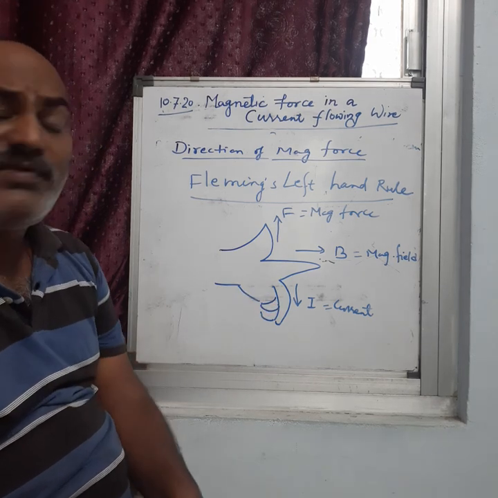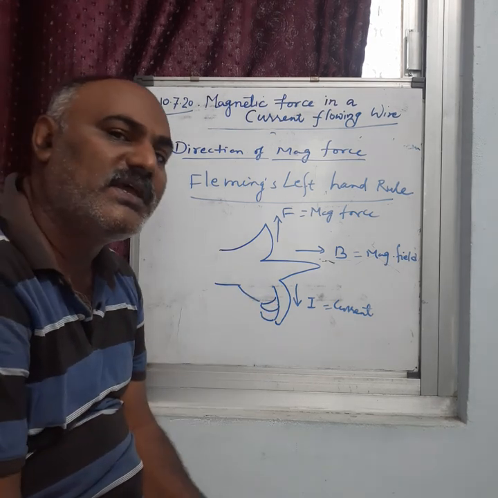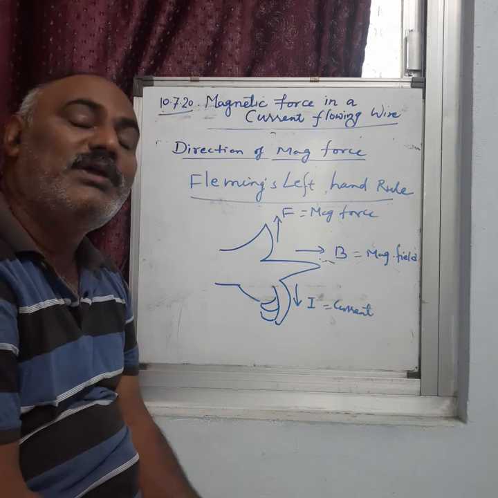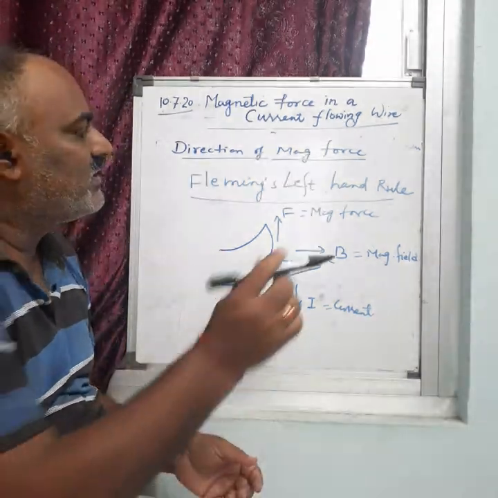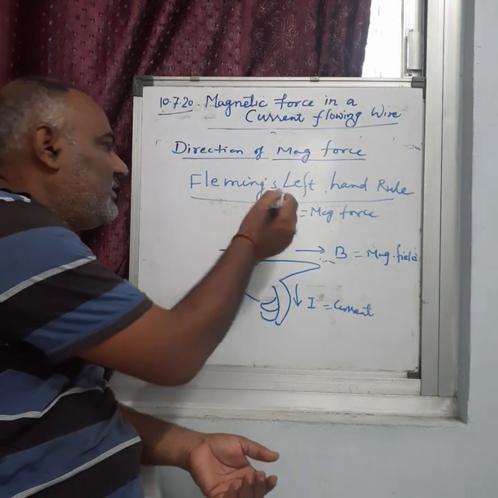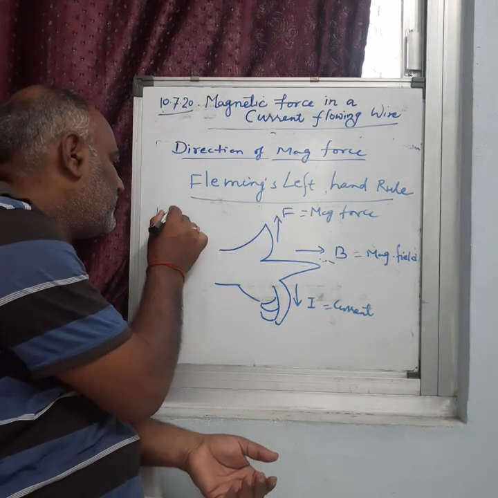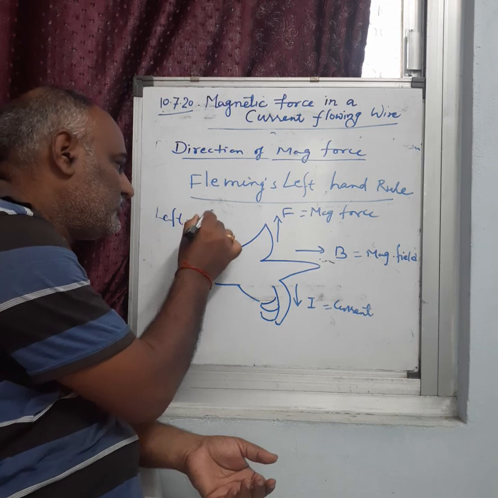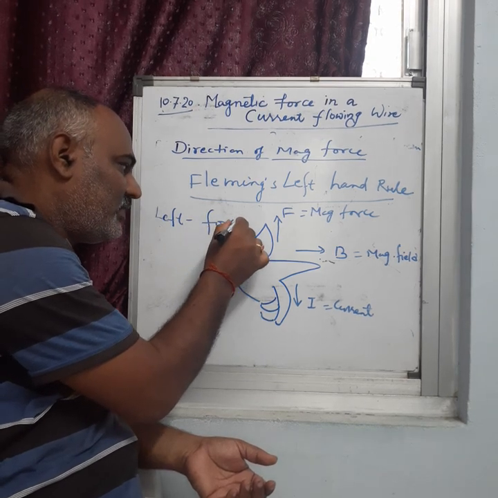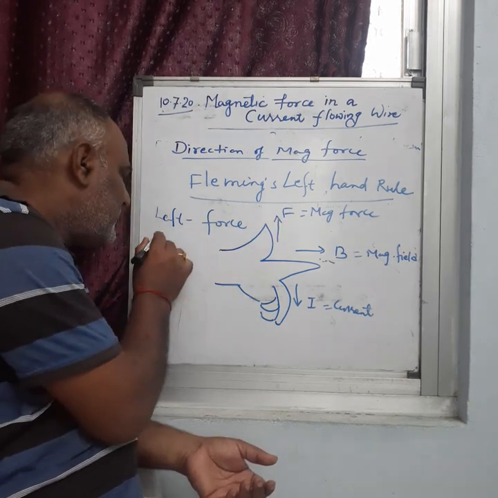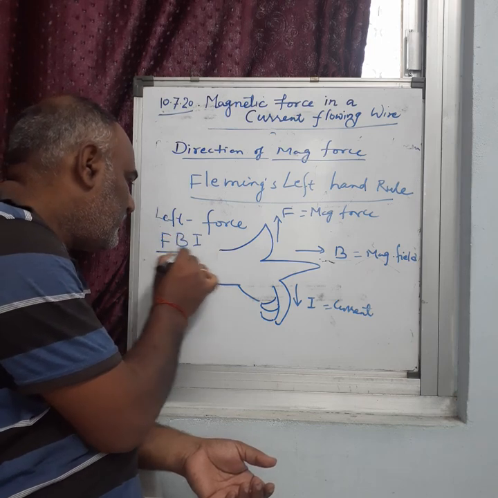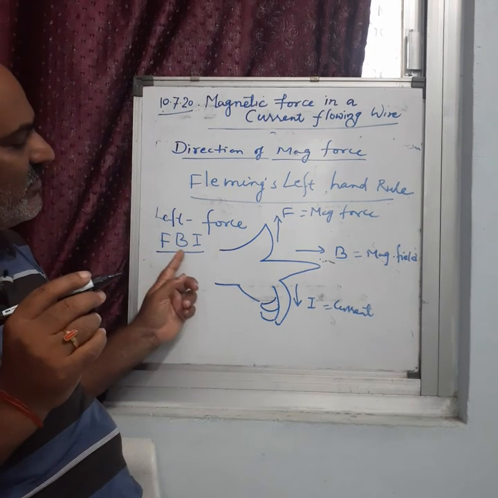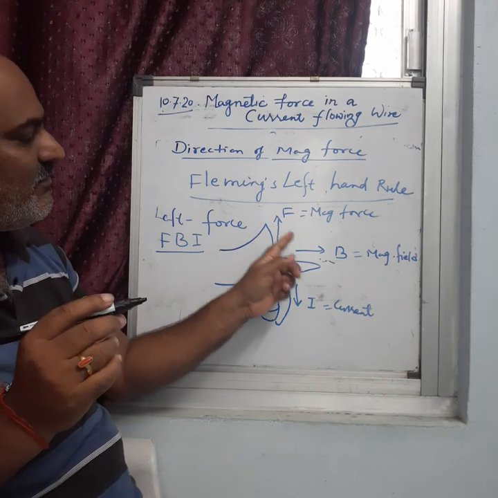Fleming gave two rules. Once again I want to remind you, the first rule is Fleming's left hand rule, which is only for the force. You can remember the left hand rule for force, and what it says: FBI. You can remember it in short, FBI.